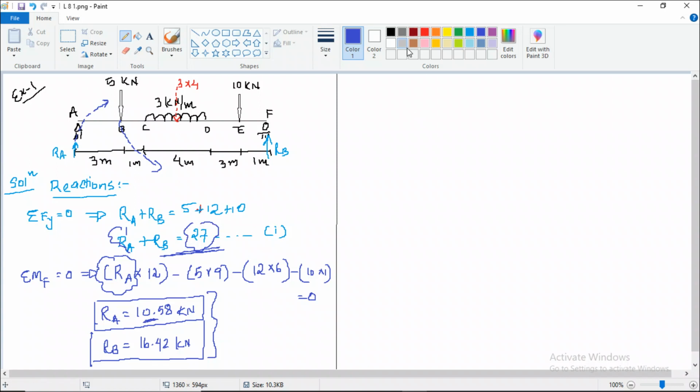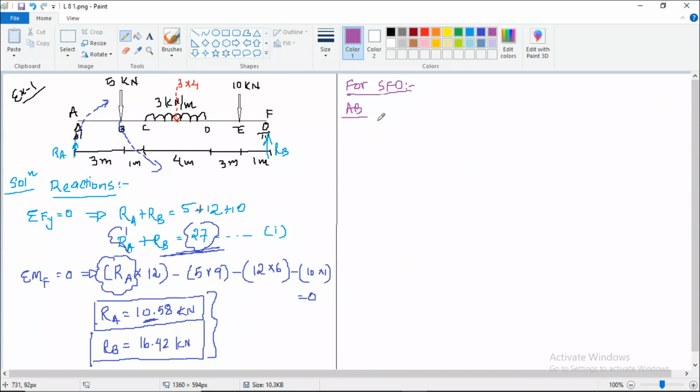For the shear force diagram, we need to divide our beam into different portions. So first portion AB. In the part AB, what we do?